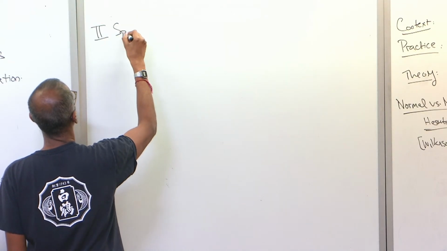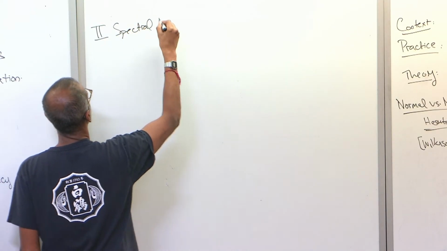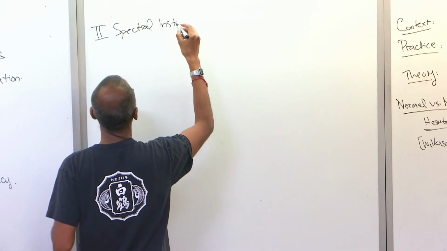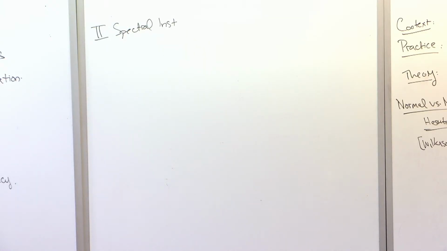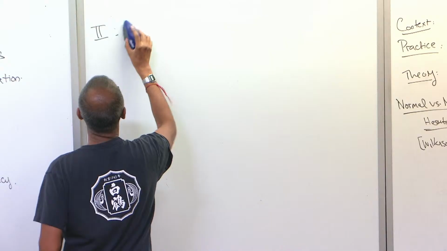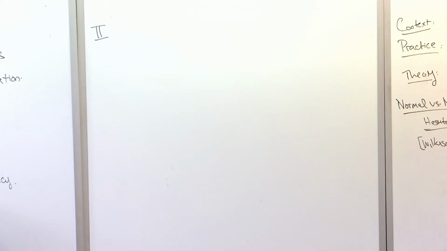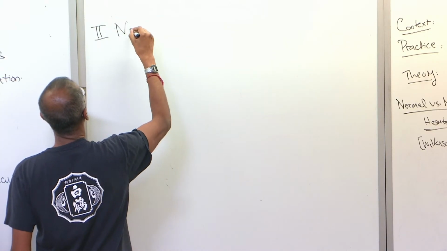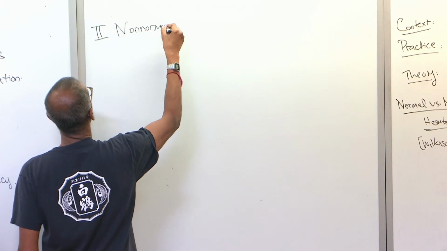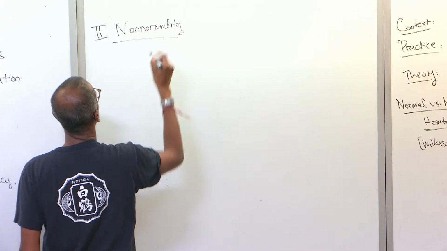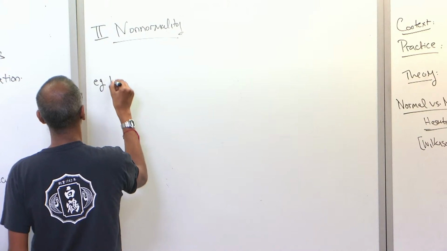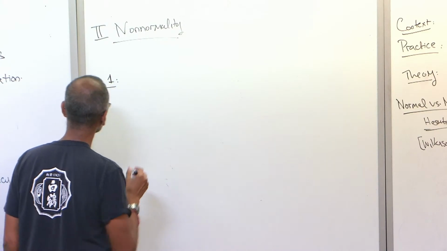The obstacle is something I'm just going to call spectral instability. Or, well, OK, maybe that's just a piece of it. The obstacle is non-normality. OK, so let me show you 3 examples, which I stole from one of Mark Embree's talks.